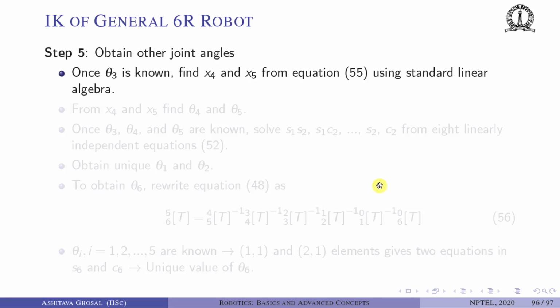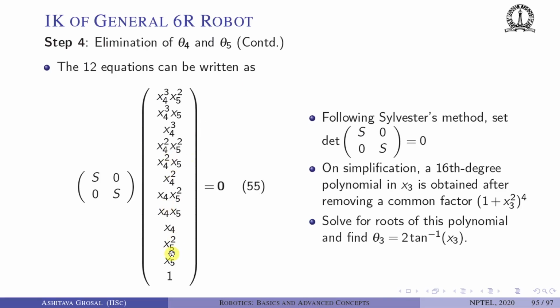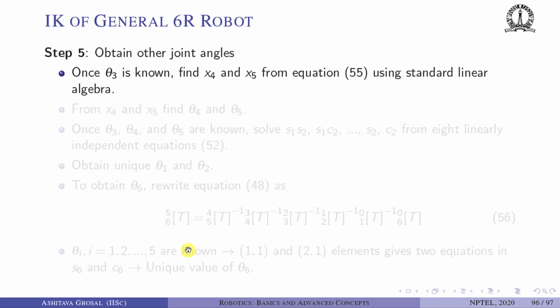So once theta 3 is known, we can find x4 and x5 from this equation, simply by row reduction. We can find out what is x5 and what is x4, these two elements here, just like we found out what is x after doing elimination.